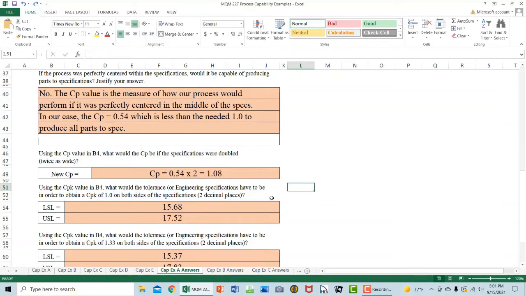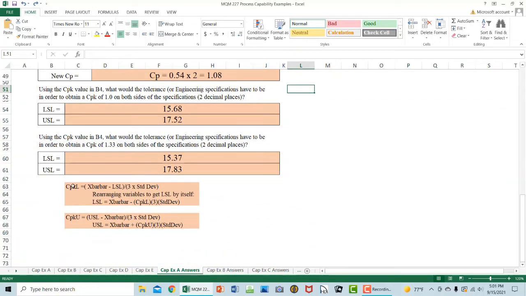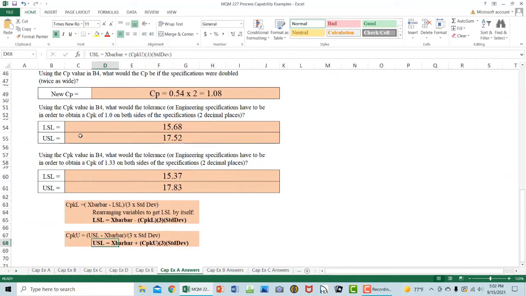And this one looks a lot more like an "I don't know what to do" type thing, but if you go down here to this formula, the CPKL, in order to calculate the lower specification, you're looking at this one. I'm going to make it nice and bold so you can see it. For the lower specification, you take X bar bar minus the desired CPKL, and our desired CPK is 1.